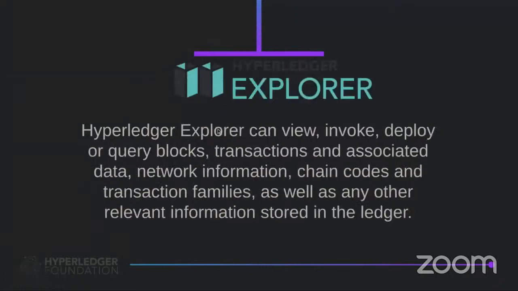So Explorer can view, invoke, deploy, or query blocks, transactions, and associated data, network information, chain codes, and transaction families, as well as any other relevant information stored in the ledger.